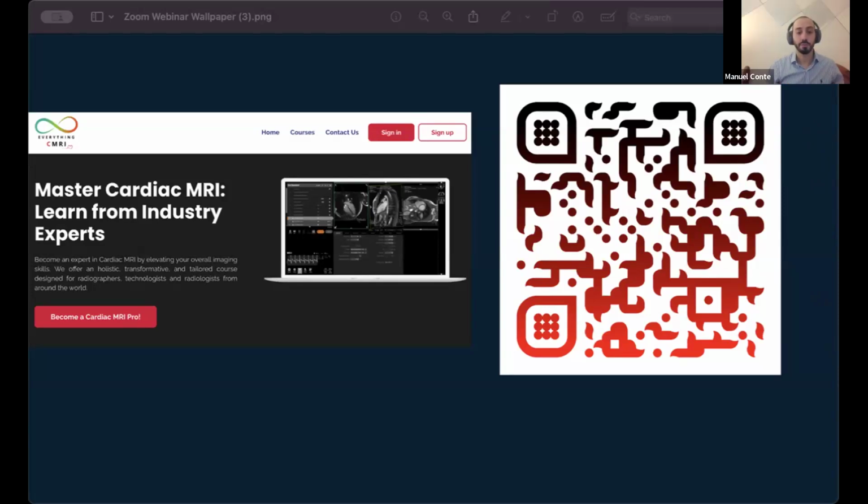Definitely, yes. If you increase the bandwidth from 130 hertz per pixel to 500 hertz per pixel, you have a drop of the SNR. And one of the ways to compensate this SNR is to increase the averages. Remember that when you increase the bandwidth, you can decrease the TR, so you reduce the acquisition time.